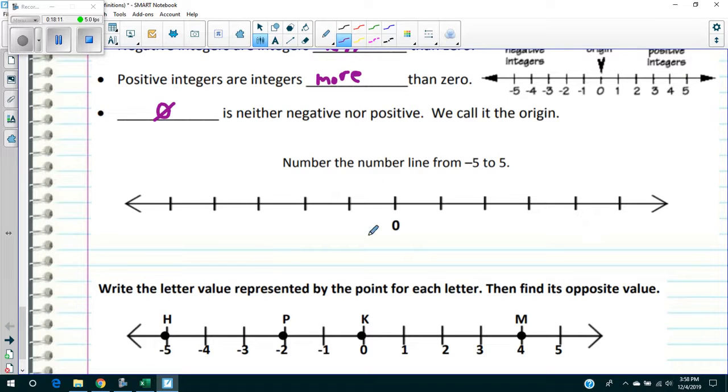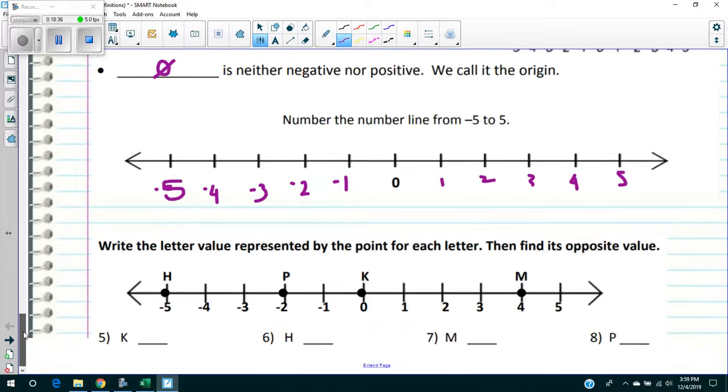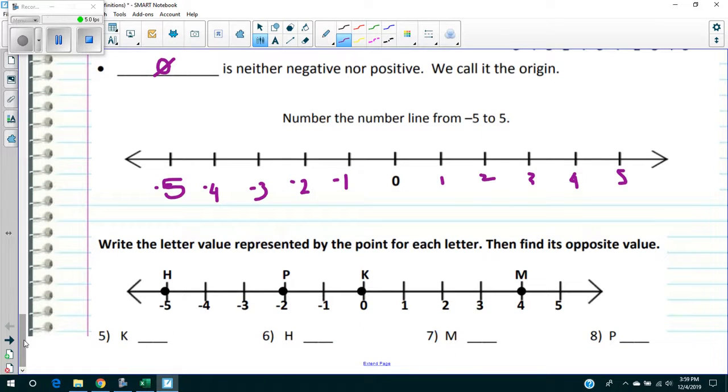So 0, 1, 2, 3, 4, 5, and then to the left of 0, negative 1, negative 2, negative 3, negative 4, and negative 5. By the way, if this lesson for any reason was a little too difficult to comprehend, feel free to find me here in the morning. I can go through this with you again.